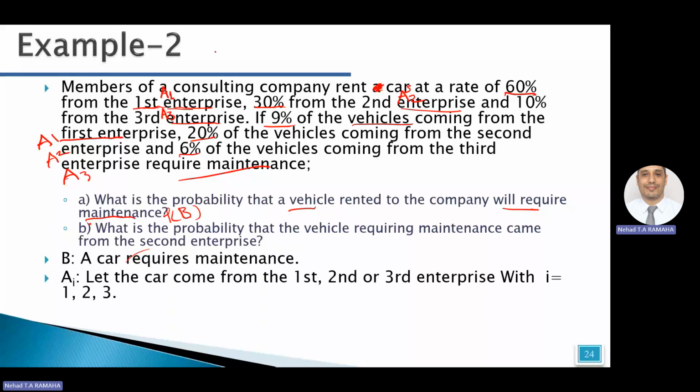We speak about all A_j, from j equal 1 to m, multiplied by probability of A_j. I already gave you that rule.